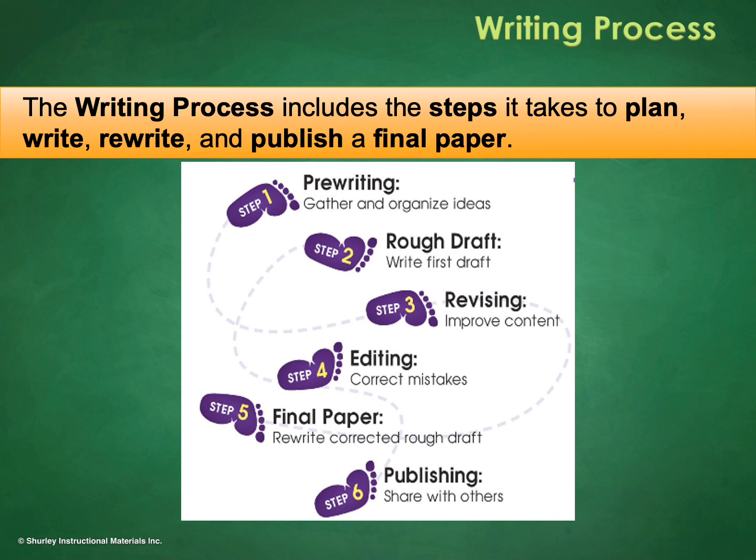Shurley English sets students up for a successful writing experience by teaching them how to work through the writing process. The 6 steps in the writing process are pre-writing, rough draft, revising, editing, final paper, and publishing.